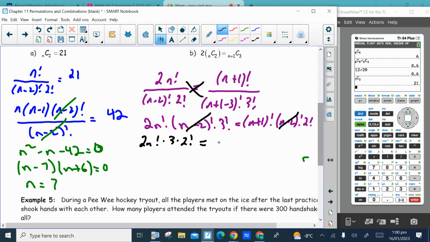And on the right side, the n plus 1 factorial can be expanded. So the first term is n plus 1. The next one is 1 less, which is n. And I'm going to put a factorial on that because I have an n factorial on the left side. That now will cancel with that.